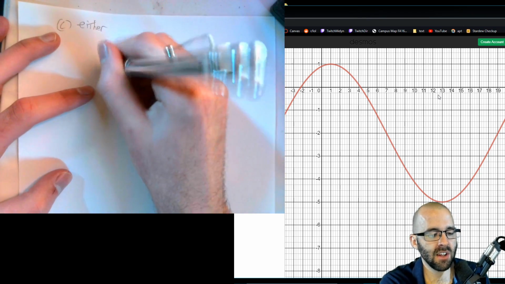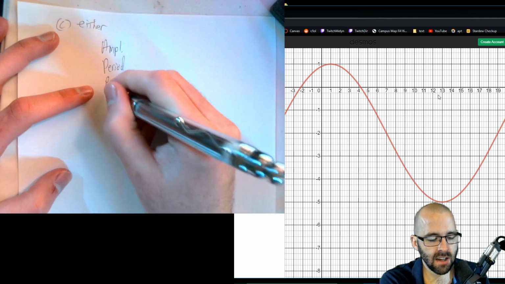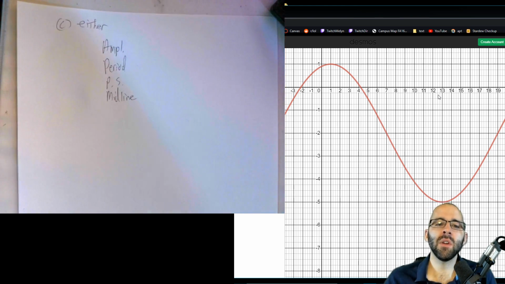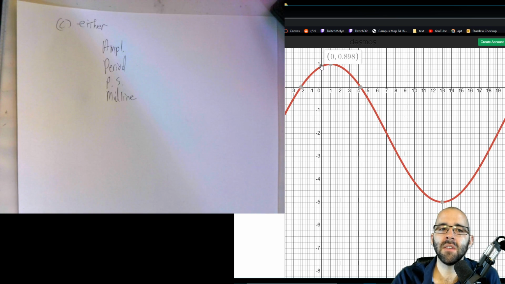Amplitude, period, phase shift, and midline. So first off, whether you choose to use sine or cosine doesn't matter for this one. But some of them might be easier than others. For example, I would be tempted to use cosine on this one because cosine normally starts at 1.